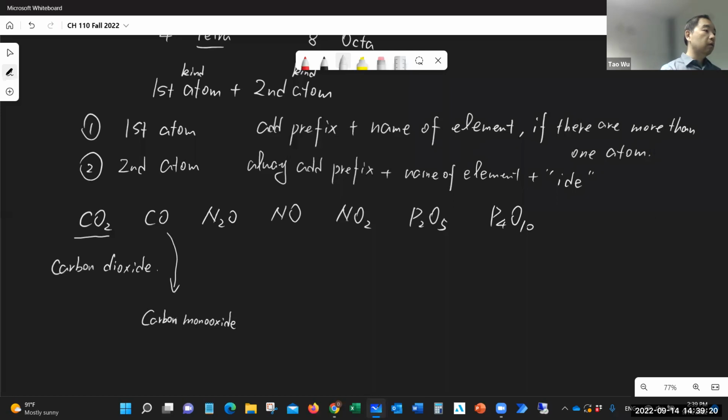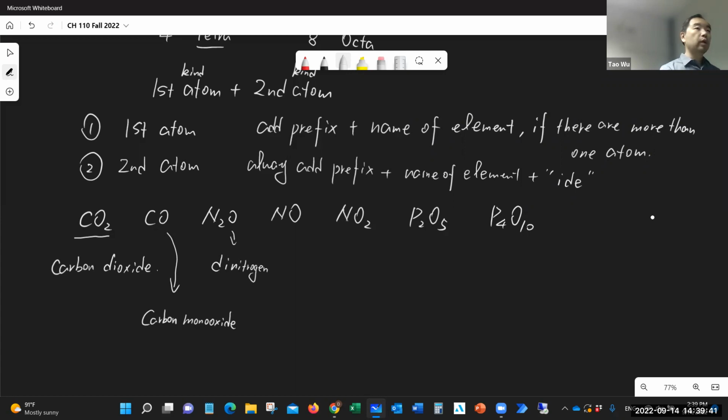The third one: the first atom has two nitrogens. Since there is more than one, you have to specify the number, so you add di: dinitrogen.